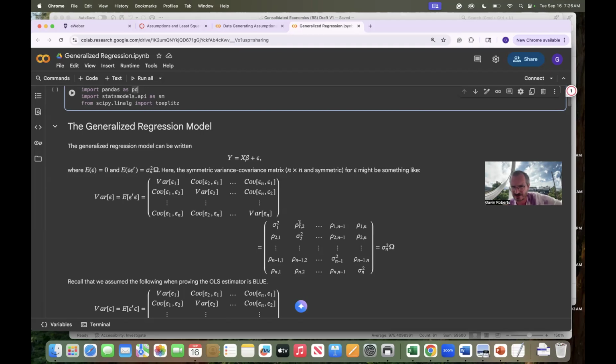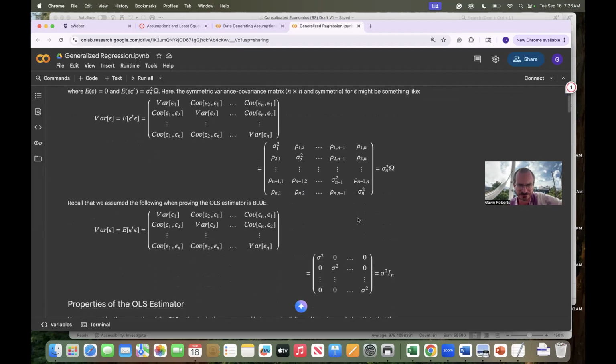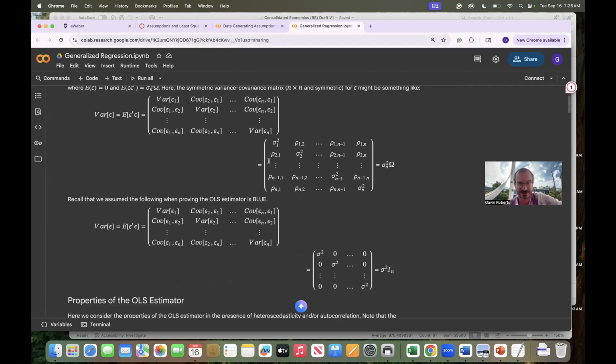In most models, we expect this number to be a lot smaller than this number, even if we have autocorrelation. So we expect error terms for nearby observations, particularly in time series, to be correlated. I didn't really need to open that other Colab, because I have that other matrix right here. This is our assumption about a model possibly with heteroscedasticity and autocorrelation. This is our spherical disturbances one.